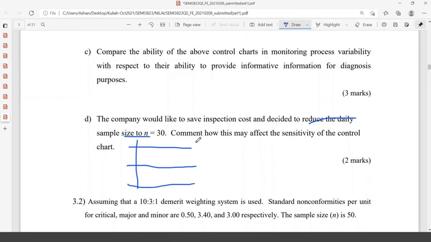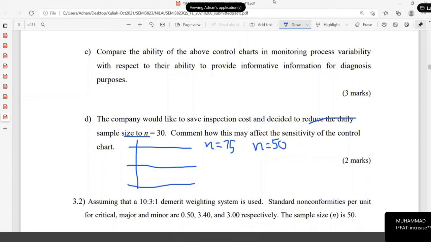You cuba tengok tadi n equal to 75. Di mana control limitnya? N75 compared to N50, yang mana lebih besar, control limit? Can anyone respond to me?